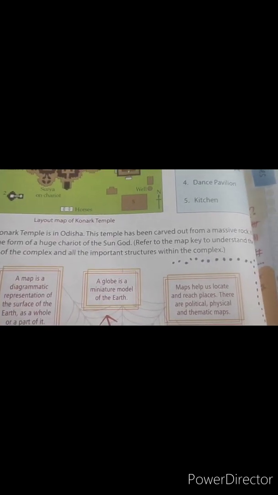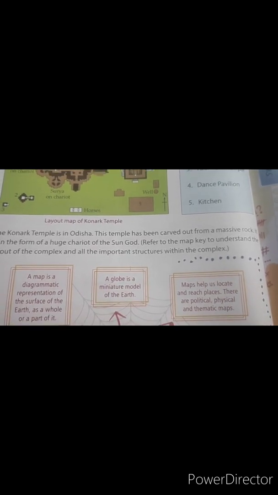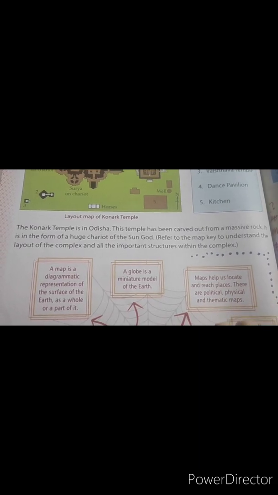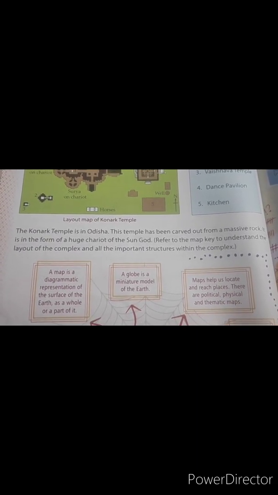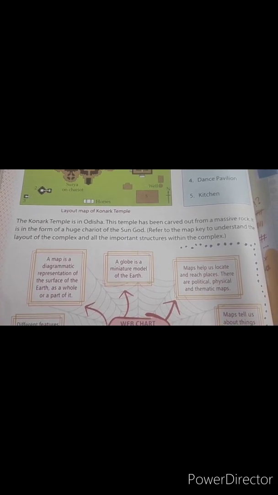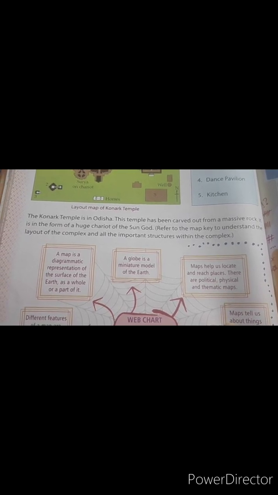This temple has been carved out of a massive rock. It is in the form of a huge chariot of the sun god. Refer to the map key to understand the layout of the complex and all the important structures within the complex.